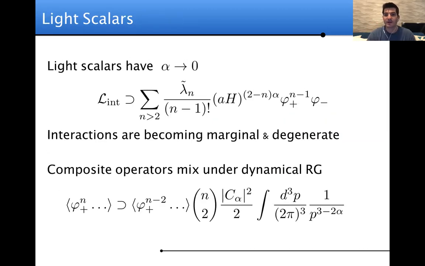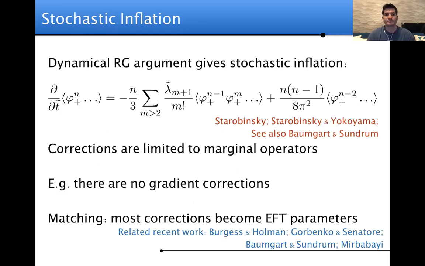So we can extract that log and again write a Callan-Symanzik-like equation where now we have two pieces. The first term is from the classical time evolution that we get from converting this into an equation for the physical time. The second term is the one that came from this loop integral from contracting two of the fields that gives us the log divergence.